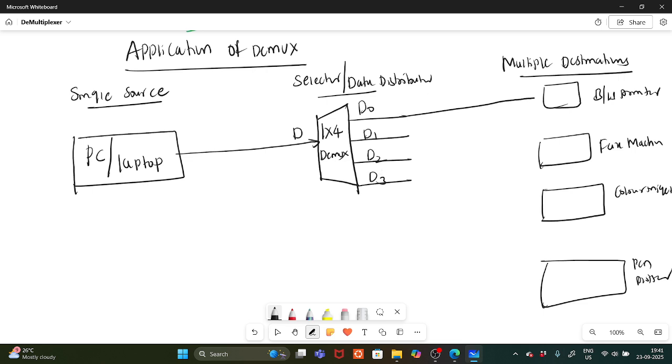So D0 is connected to the black and white printer, D1 to the fax machine, D2 to the color inkjet printer, and D3 to the pen plotter.